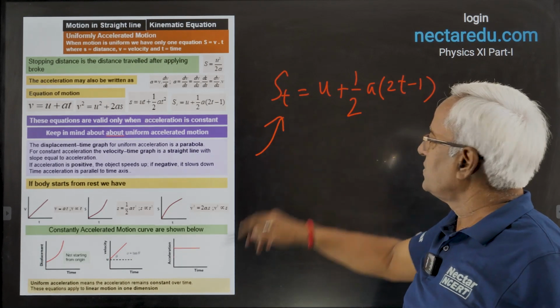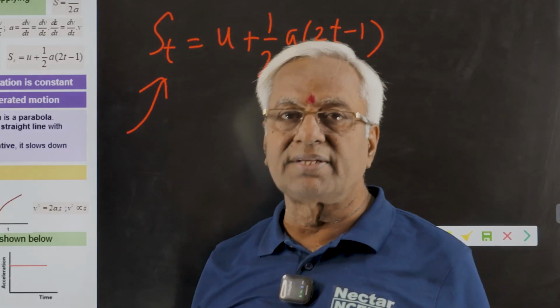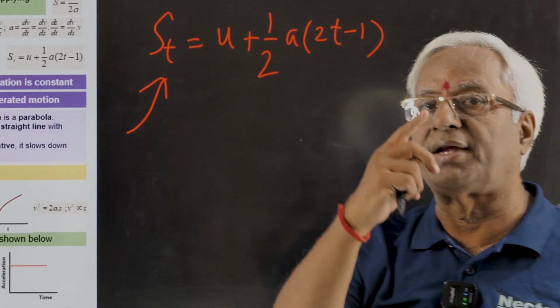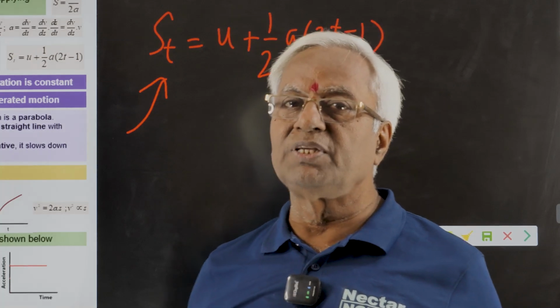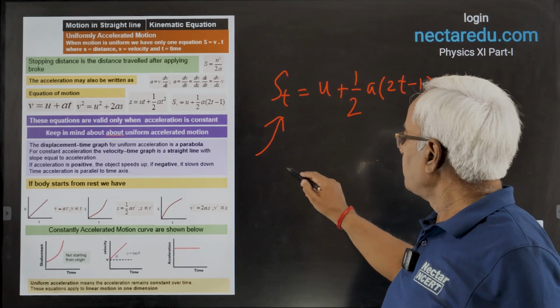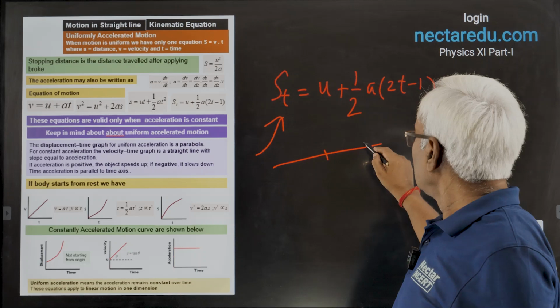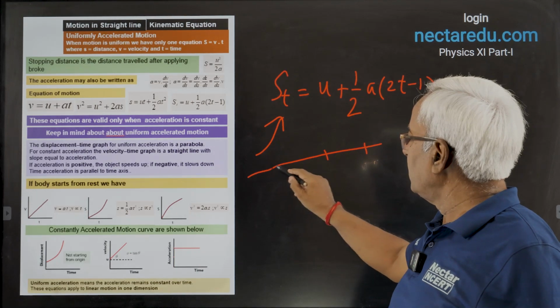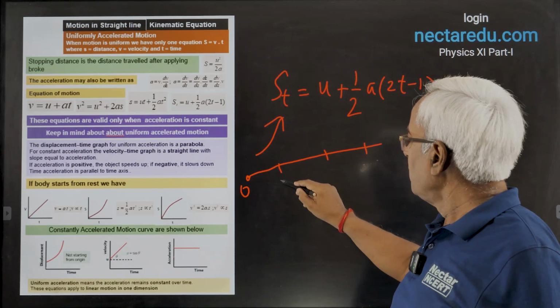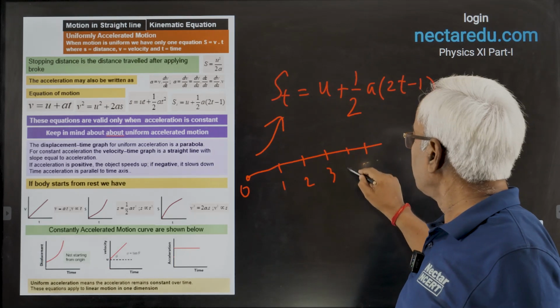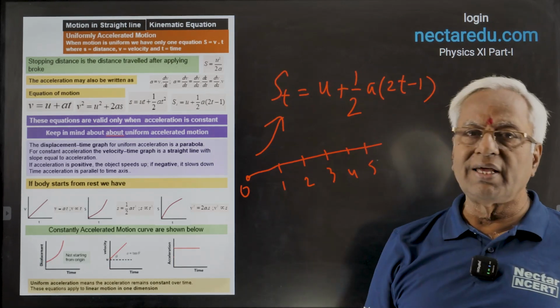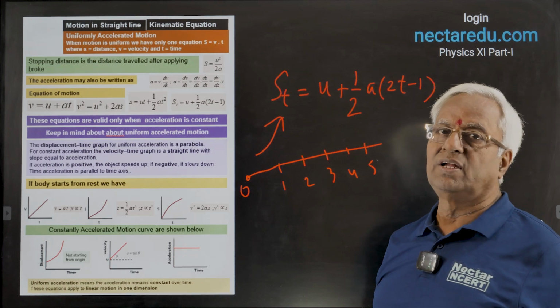What is this s_t? This is the distance traveled in the tth second. Tth second means, say, the fourth second. This also creates some confusion in mind. Start from 0, 1, 2, 3, 4, 5. What is the fourth second?